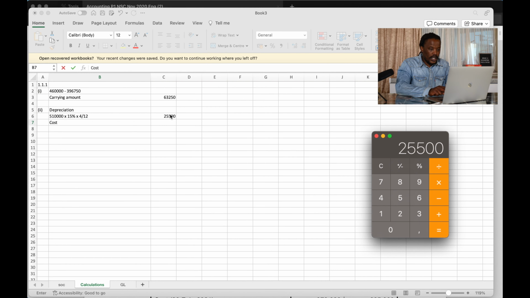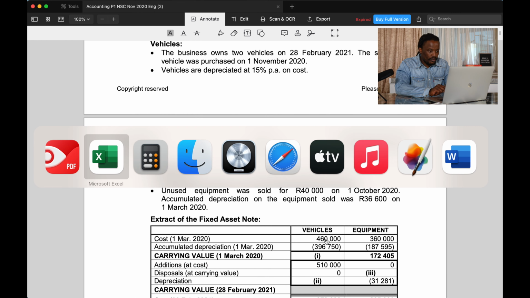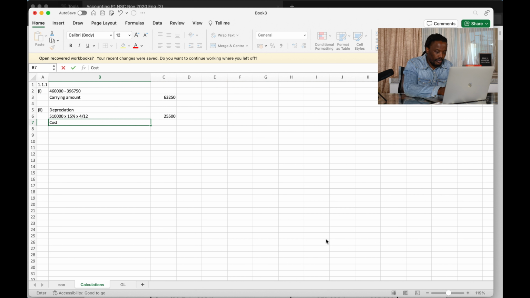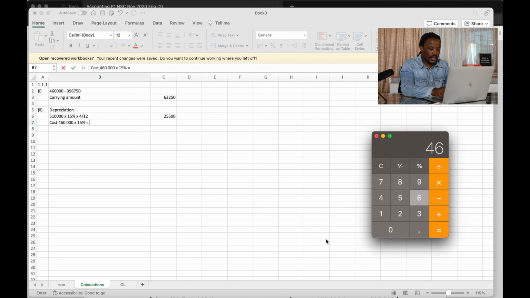Now we have these vehicles at the beginning of the year, which is cost, and the cost price of this vehicle was 460,000. 460,000 multiplied by 15% multiplied by 12 over 12, which equals 460,000 multiplied by 15%, 69,000.